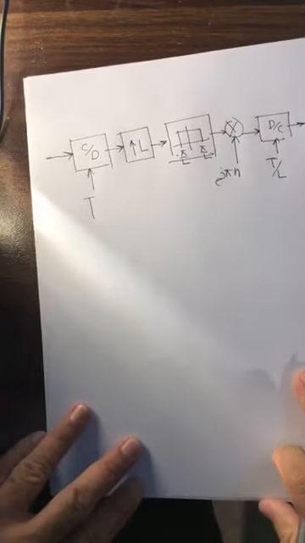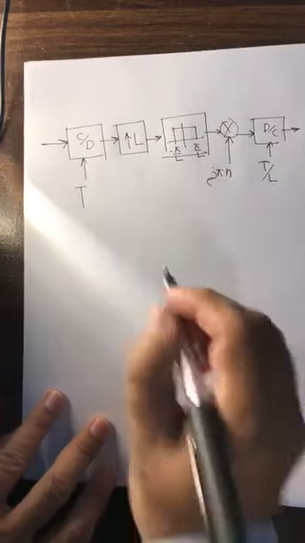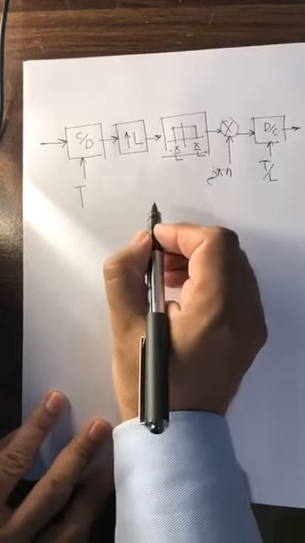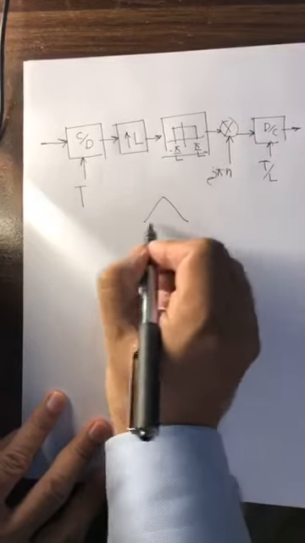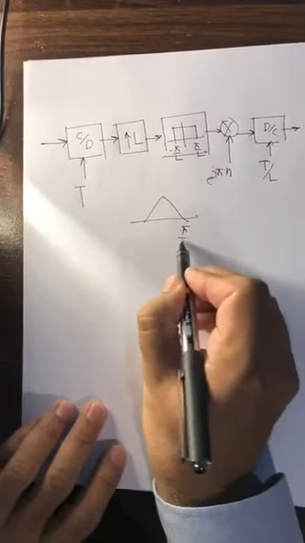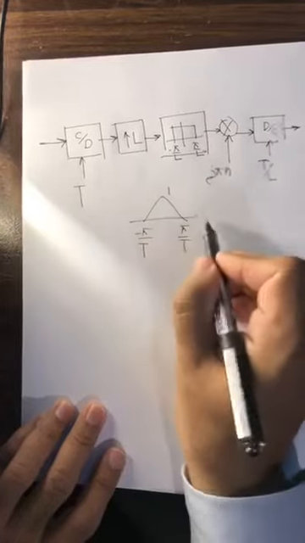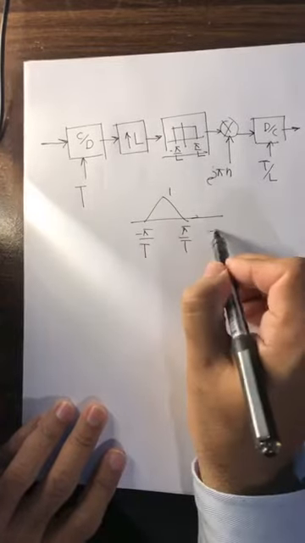Okay, so this is a question and you are given a spectrum. Here is the spectrum, which extends to pi by T. This is the spectrum, capital omega.